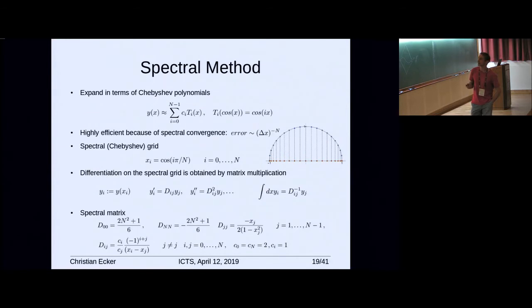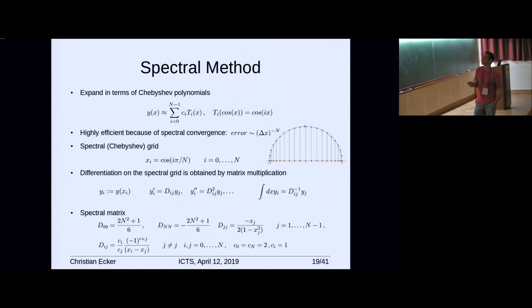What you do next is you define the spectral grid, which is you discretize in a non-equidistant way the space on which you express the function. In this spectral Chebyshev grid, you express your grid in such a way that you have an equidistant partition of a semicircle, and this is projected to the space that you want to discretize.